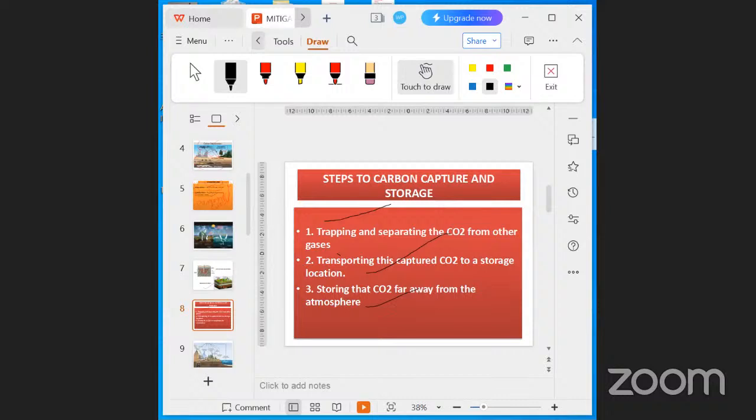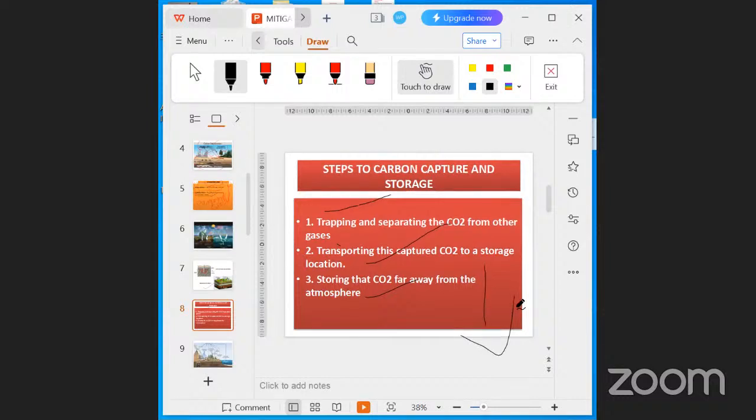So basically, the carbon is captured from the other gases. Normally carbon is mixed with other gases, so you have to capture the carbon first. Then the captured carbon is transported and stored.